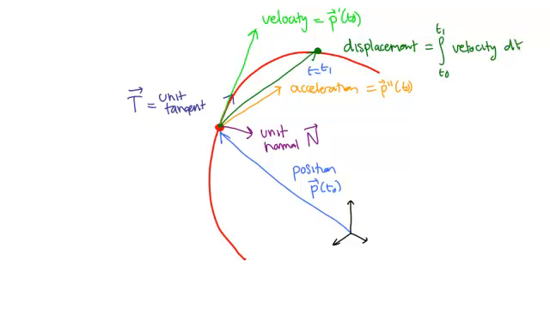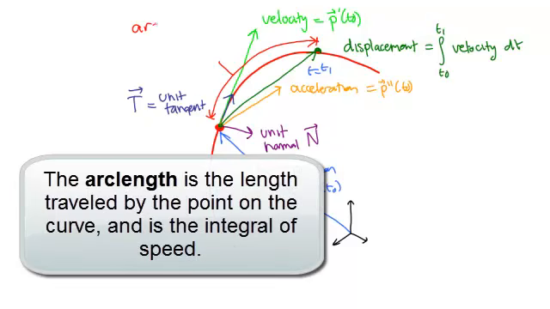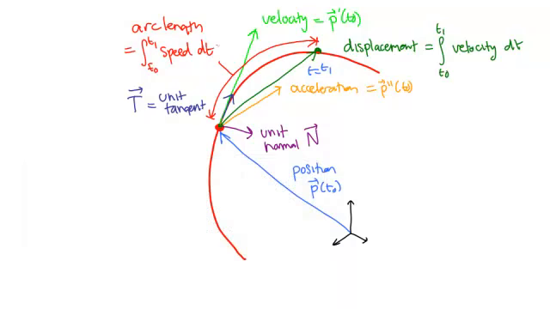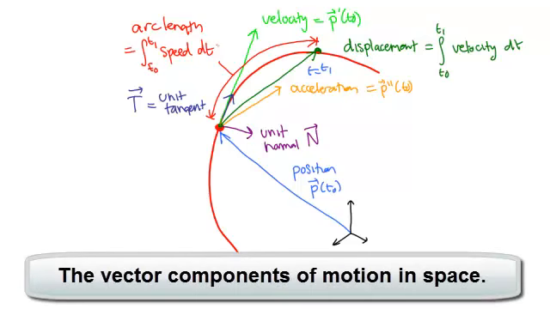And last but not least, we have this actual length from here to here, the actual physical length we've traveled. This is called the arc length, and it's equal to the integral from the starting time to the ending time of the speed. And so these are the components of motion in three-dimensional space. That's pretty impressive.